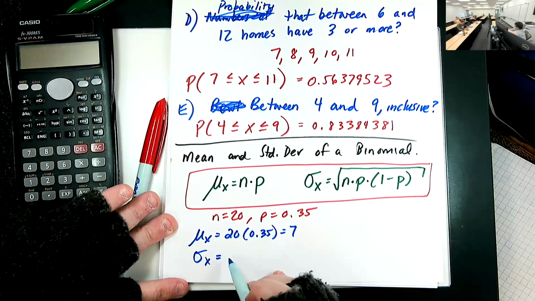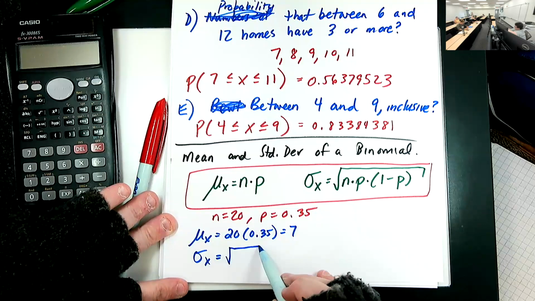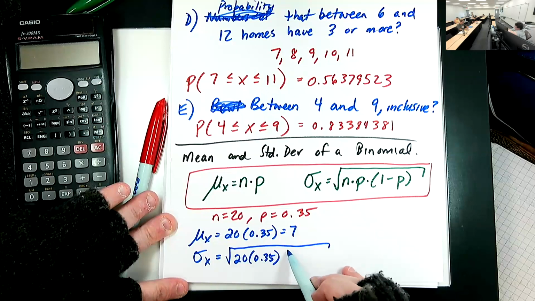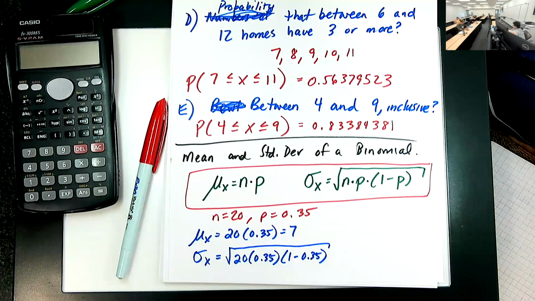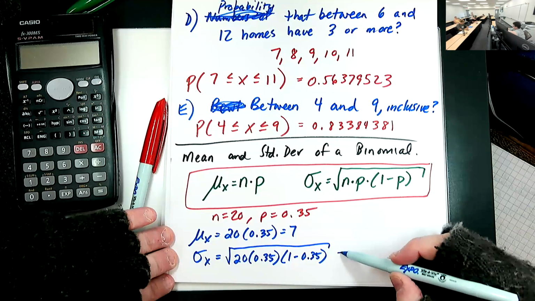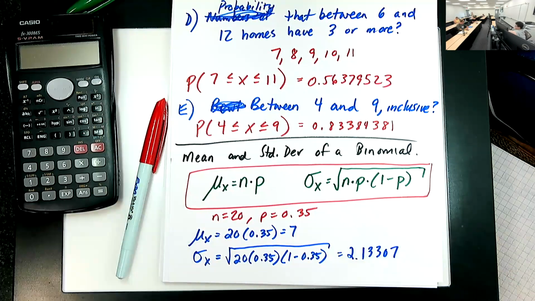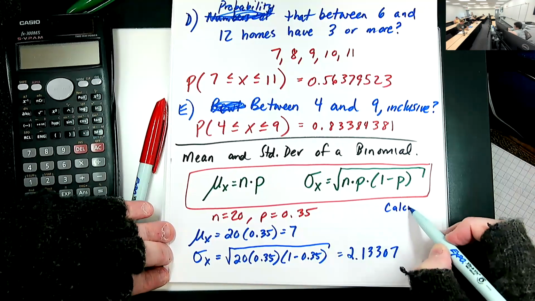And the standard deviation is 20 times 0.35 times 1 minus 0.35, and then we take the square root. If you put all that into a calculator, you get 2.13307. But this is definitely calculator work. Don't look for this on StatCrunch.